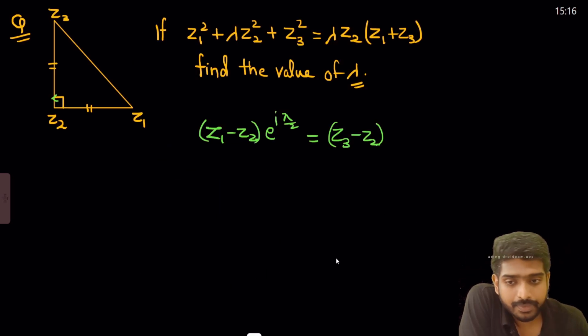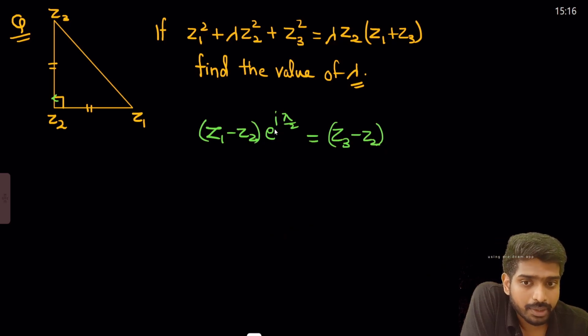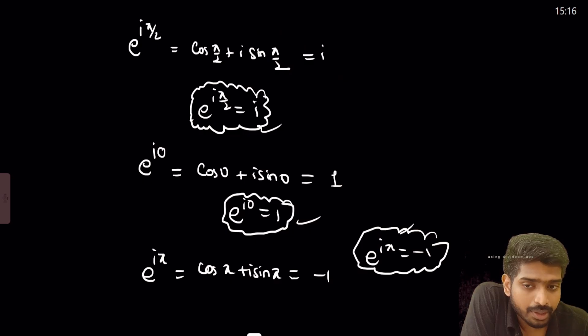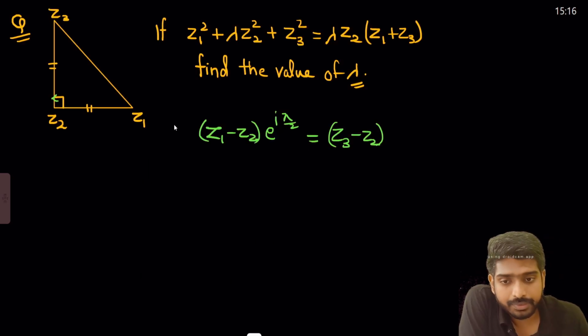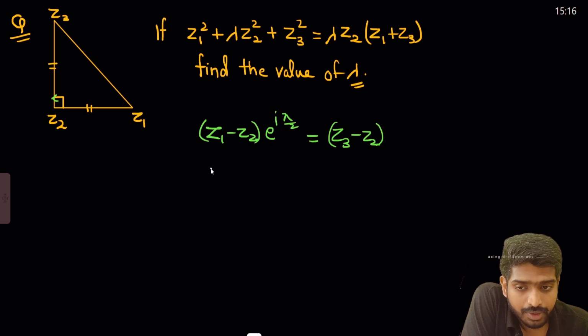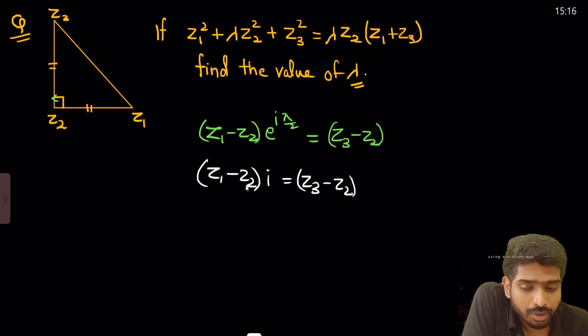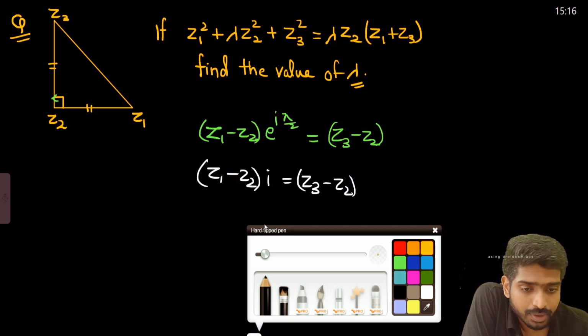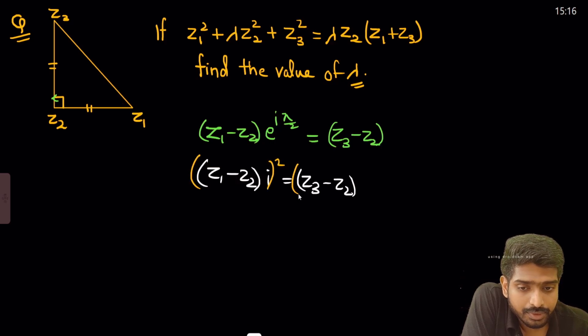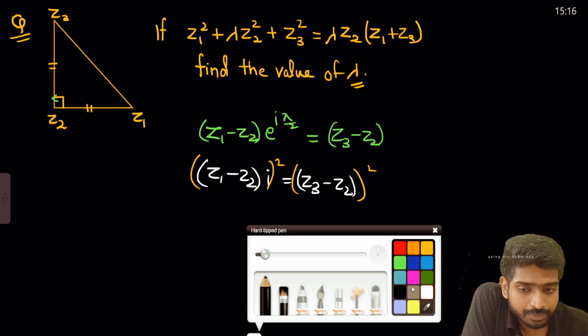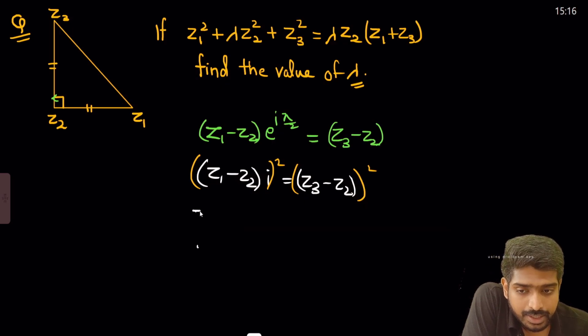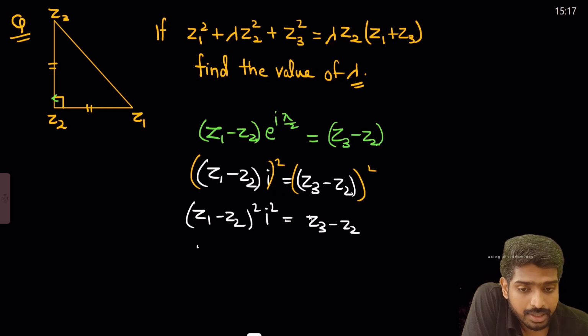Now next, here I got e to the power iota pi by 2. Just now I proved that e to the power iota pi by 2 is equal to iota. So here we got z1 minus z2 multiplied by iota is equal to z3 minus z2. Now do one thing, do squaring both sides. So we'll get z1 minus z2 whole square multiplied by iota square is equal to z3 minus z2 whole square.